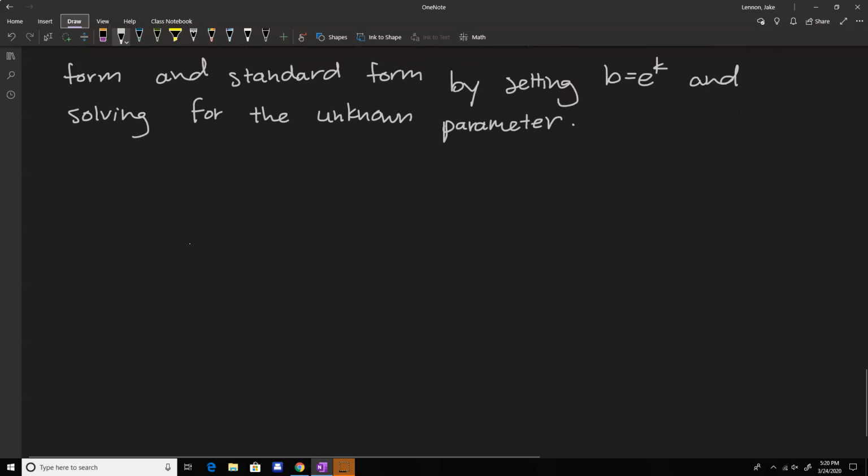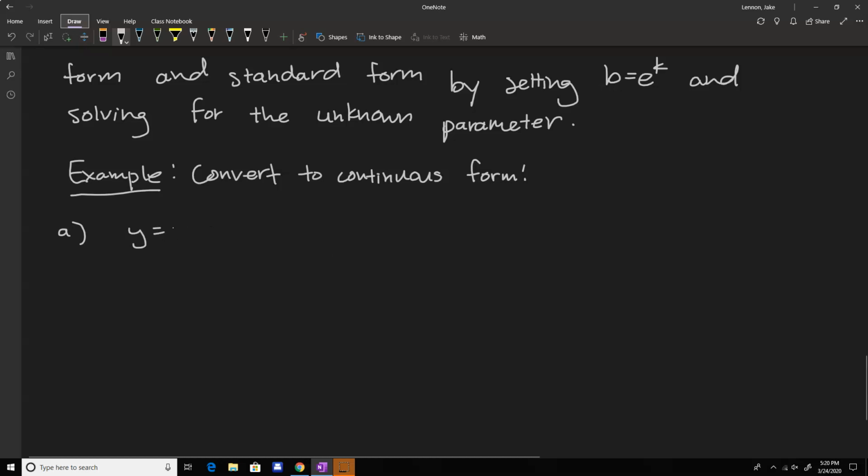Okay, so in the first example, all we want to do is convert to the new continuous form from the standard form. Let's say we have y equals 300 times 1.12 to the t power.